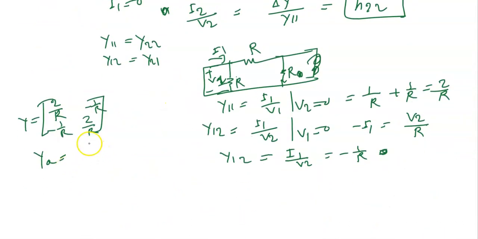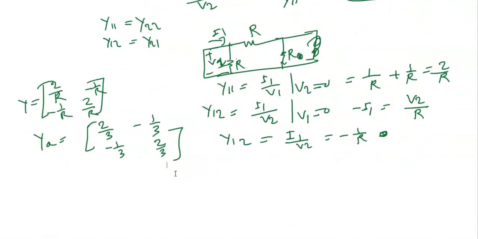So YA will be 2 by 3, minus 1 upon 3, minus 1 upon 3, 2 by 3. Okay, then YB, when all elements are 2, that is in the pi network all the elements are 2, that is 2 by 2, that is 1, minus half, minus half, and 2 by 2.